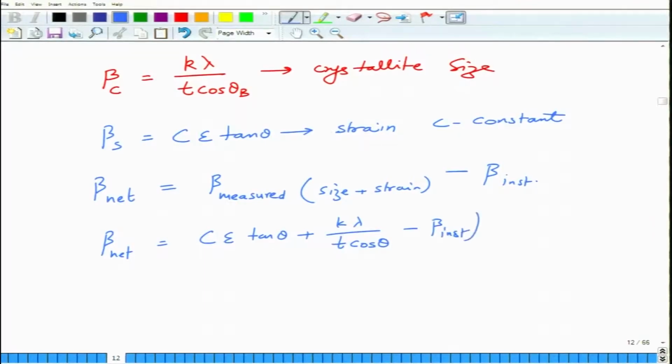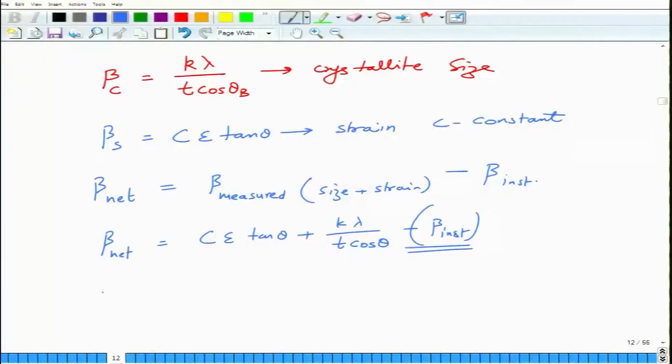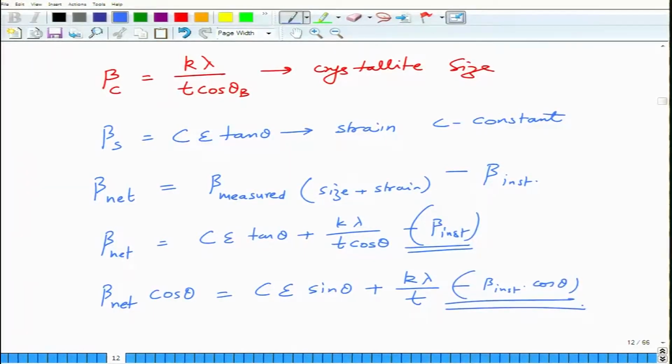Beta naught I can measure by measuring a standard specimen. So, this becomes beta net cos theta equal to C epsilon sin theta plus k lambda divided by T, minus beta instrument cos theta, which is a known term.